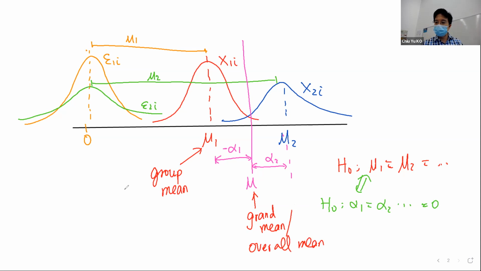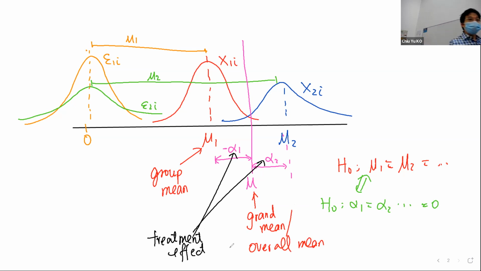And this is called the treatment effect. Are treatment effects 0? So that is the goal, to see if there is an underlying difference between the groups.